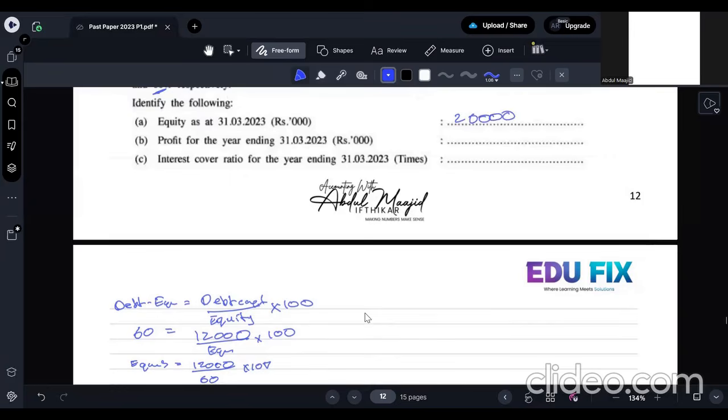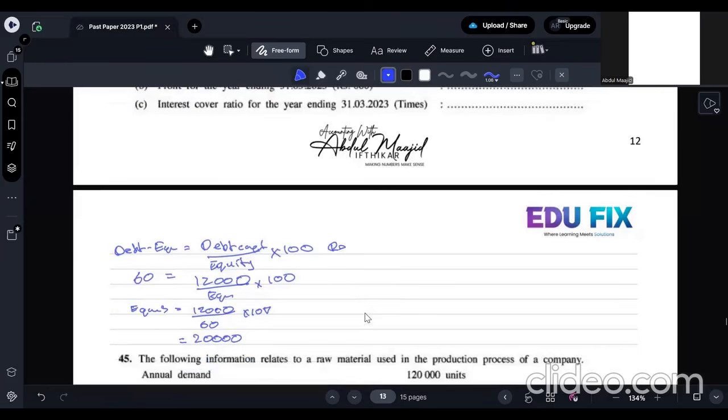Then profit for the year you can find from the return on equity ratio. That will be profit for the year divided by equity capital into 100. Return on equity ratio is given as 20%. Profit for the year we don't know. Equity we found as 20 million.